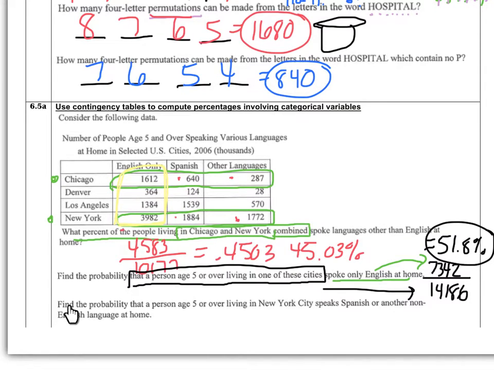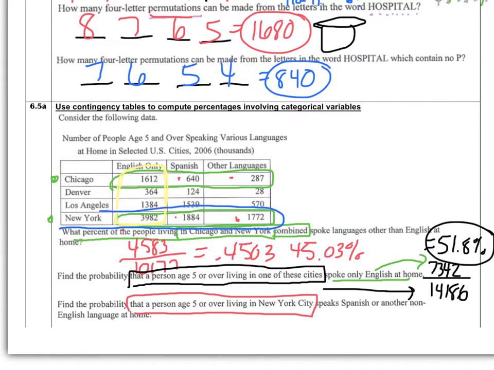The last question. Find the probability that a person age 5 or older living in New York City. I'm going to stop right there. That's the bottom of my fraction. So if we isolate just those living in New York City, we're just looking at this for the bottom of our fraction. Of those people, they speak Spanish or another non-English language.